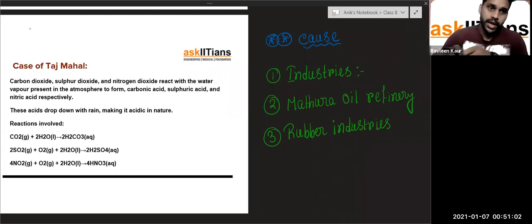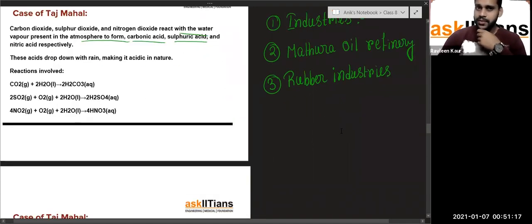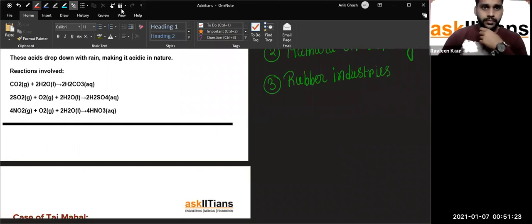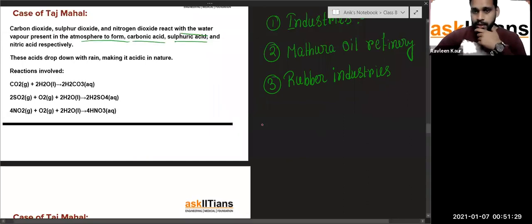You can see carbon monoxide, sulfur dioxide, and nitrogen dioxide react with water vapor present in the atmosphere to form carbonic acid, sulfuric acid, and nitric acid. Isn't it something we have just read? So what happens is the air pollutants we were talking about, like NO2, SO2, CO2, react with the water vapor present in the air.